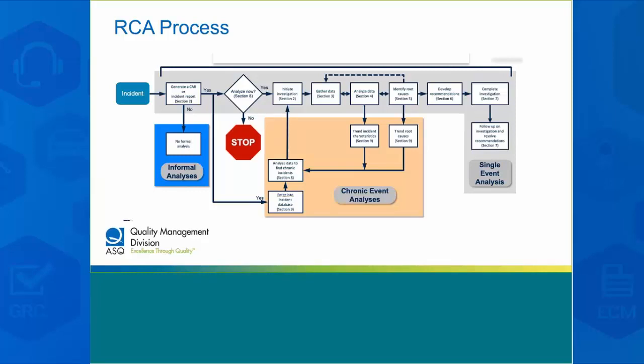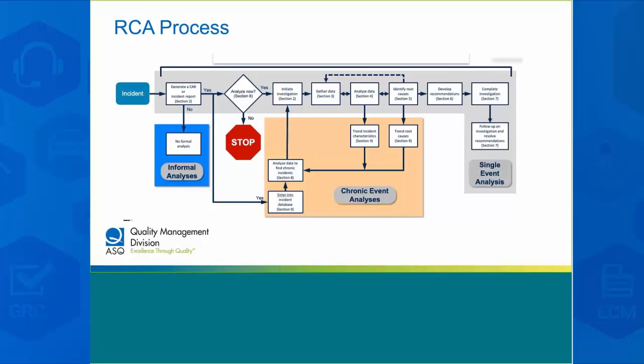But ultimately, we need to have some type of process there in that diamond, analyze now. We need to set criteria up about what we're going to analyze and what we're not going to analyze. And as we think about what we're going to analyze, I would like to be able to give my investigator an idea of how much effort they're expected to put into this analysis.